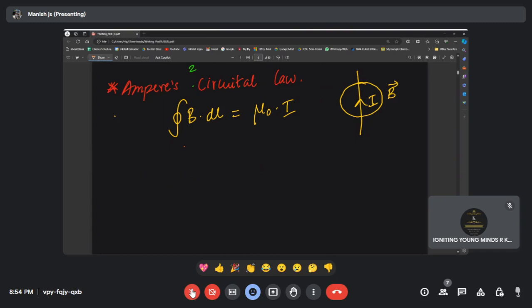That's it. So this is the Ampere's circuital law. So now we will just see one or two questions, for the concepts that we have learned in today's class. Simple ones we will see. So here is the first question.